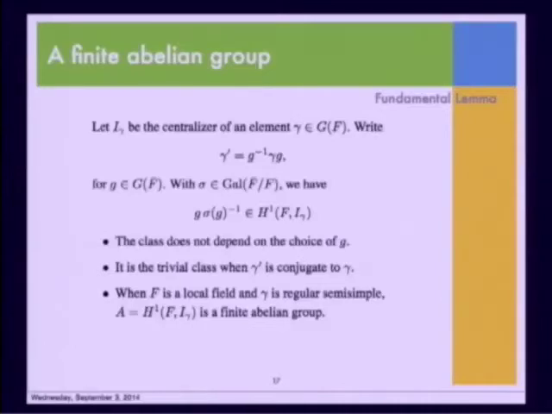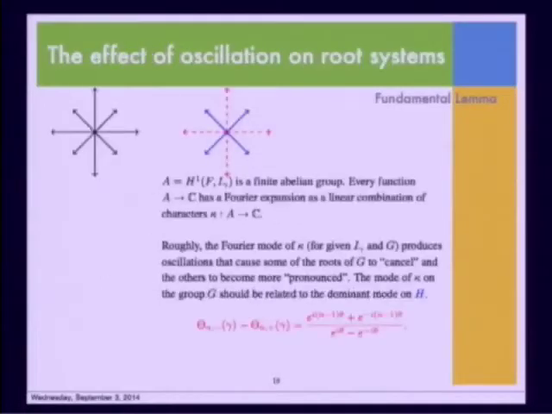And you find that this gives you a cocycle inside this little cohomology group, where I sub gamma is the centralizer of this element gamma. So this class that you get doesn't depend on the particular choice of element g that you use to conjugate one element to the other. So when this is a local field, you get a finite abelian group here that we're going to use.